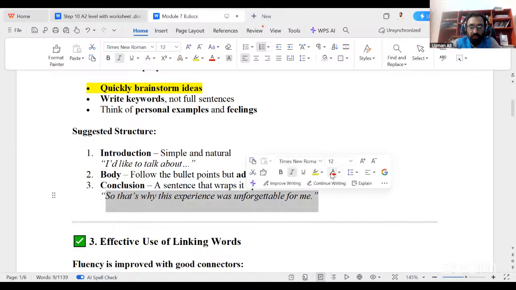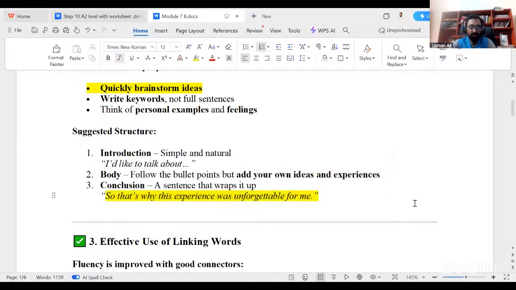Okay. So this is again a good example to finish your answer, for example: So that's why this experience was unforgettable for me. For example, if this question is about the tour to Murray Hills, you can say that.